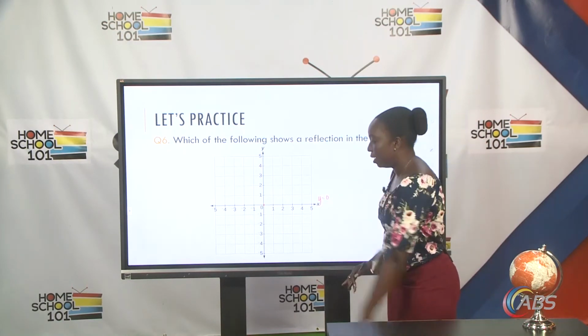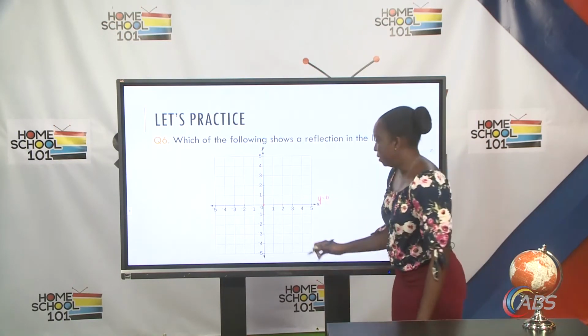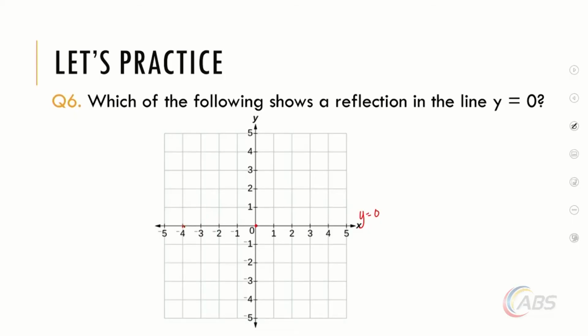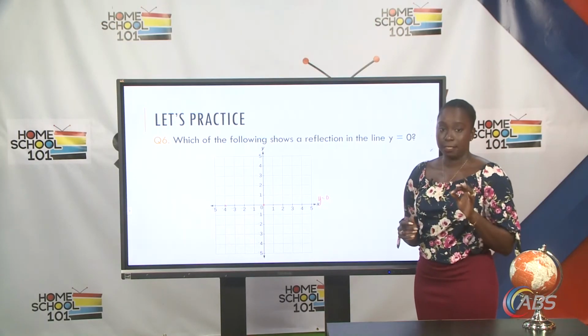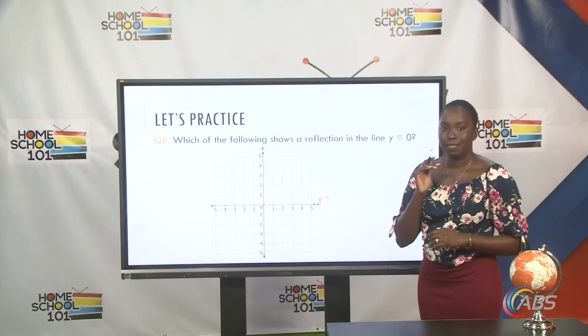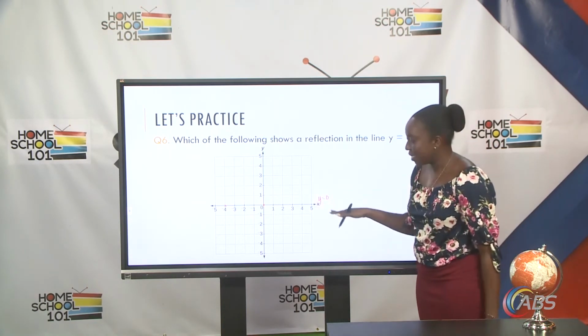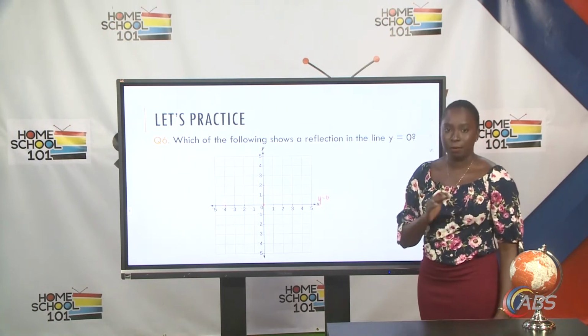Let's just choose one on the other side of the axis. So if I choose, say, this point here, -4 on the x-axis, my x value is -4, but my y value is still 0. Okay? So what this tells me is that my x-axis is that line, y equals 0.